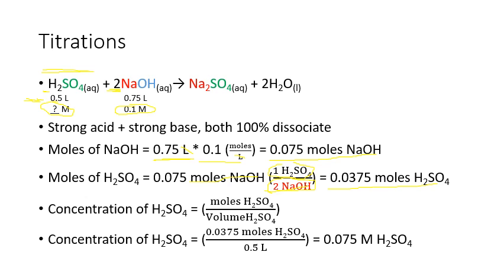There were 0.0375 moles of H2SO4 in half of a liter, and 0.0375 divided by half comes out to 0.075 moles per liter. So that's a way you could figure out the concentration of an acid by using the concentration of a base that you've added to it through a titration type reaction to figure out how many moles of acid are present after you've added the base.